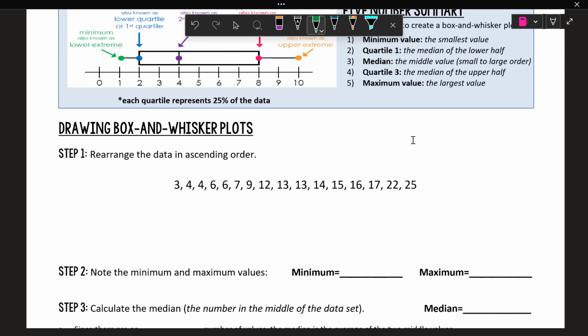So 1, 2, 3, 4, 5, 6, 7, 8, and 9. And if you look, they have 7 numbers on either side, so that's the middle. And we can't have both of them, so we find the average, or the mean. So we add them up, divide by 2, and then the median is 12.5.